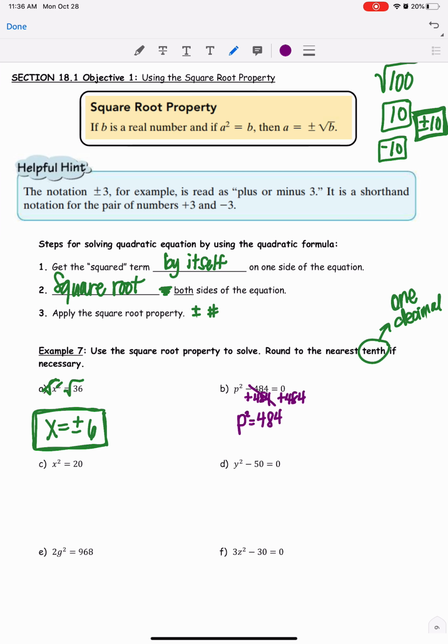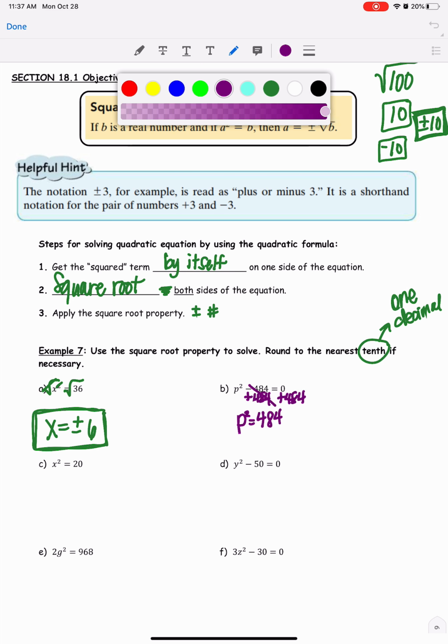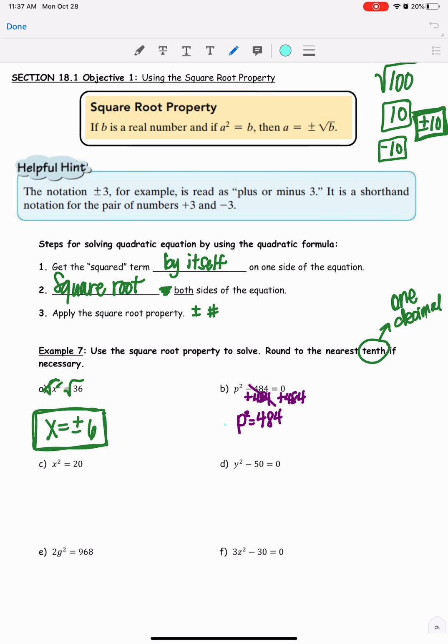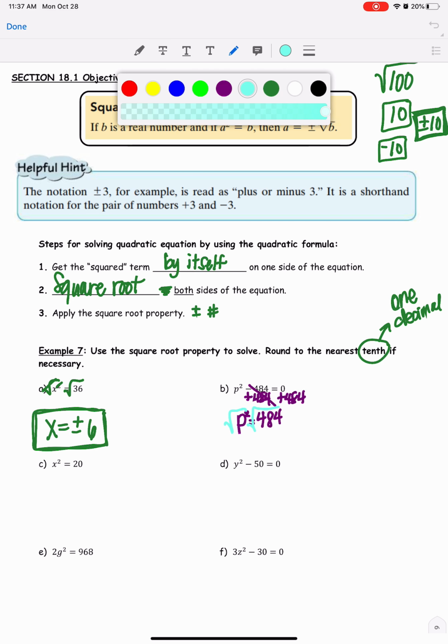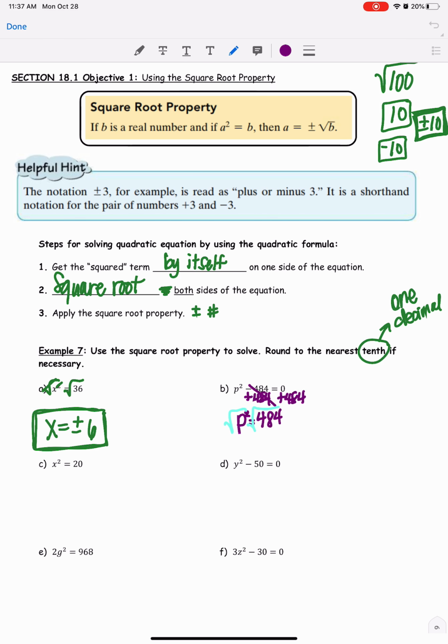The opposite of squaring is to take the square root, and so now I'm going to get p equals, if you put in the square root of 484, you get 22, but we know we got two answers, and that's plus and minus 22.